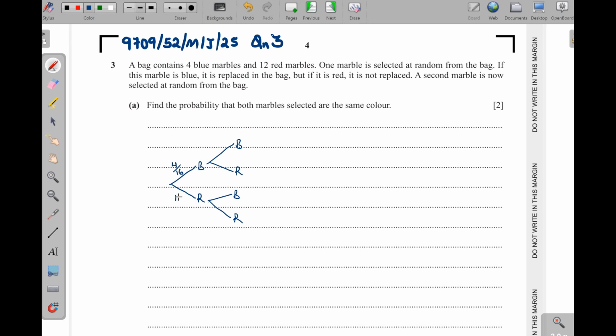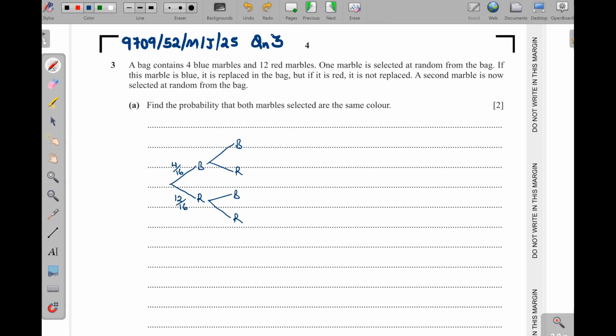And then this one for the red will be 12 out of 16. Now we are picking without replacement. That means the totals keep on reducing. Not so. They said that one marble is selected at random from the bag. If the marble is blue, it is replaced in the bag. So it is blue, then it is replaced in the bag.